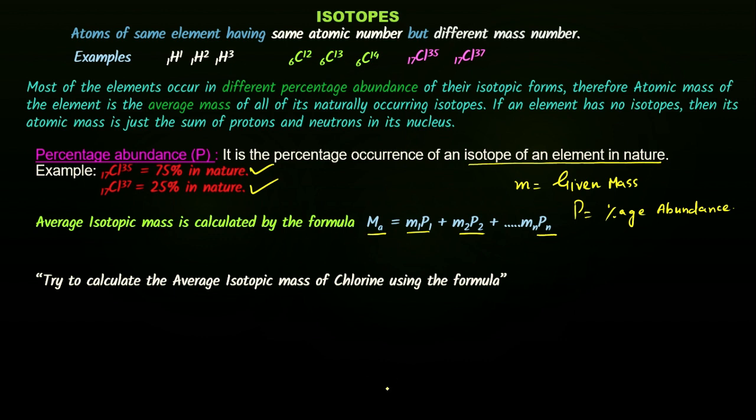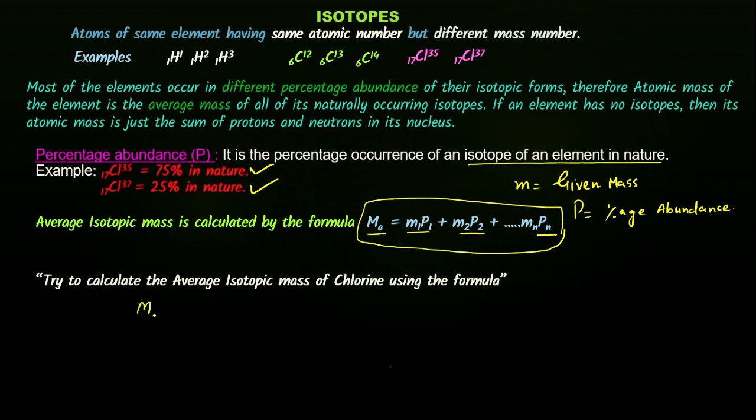Let's try to calculate the average atomic mass of chlorine. If you look into the periodic table, you will see that the mass given for chlorine is 35.5. It is neither 35 nor 37. It's 35.5. How has that mass been calculated? That mass has been calculated by using this formula. We are also going to use that.